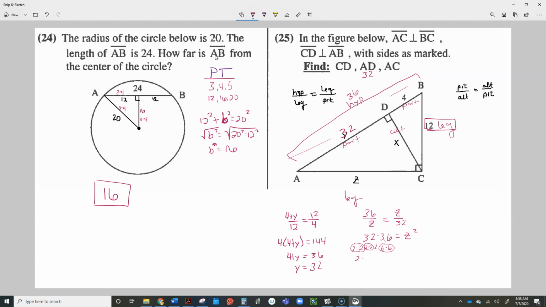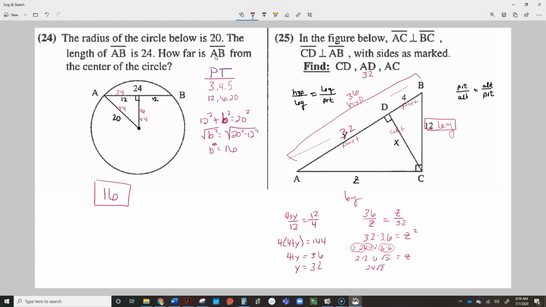So this becomes, I'm doing this by hand because my calculator was not cooperating. So 2 times 2 is 4. 4 times 6 is 24 square roots of 2.